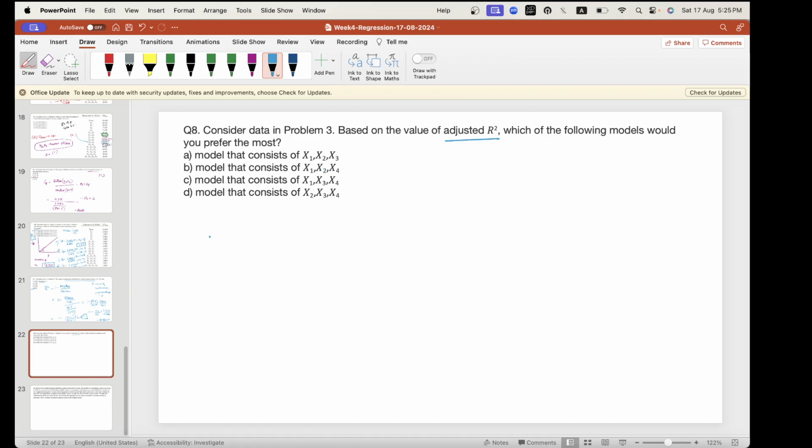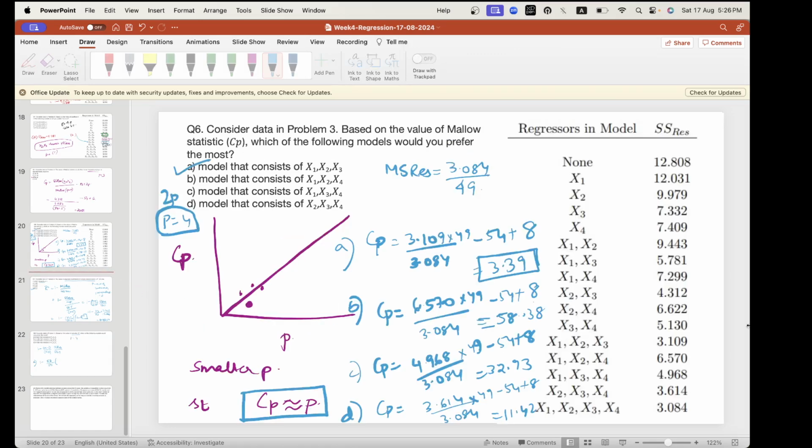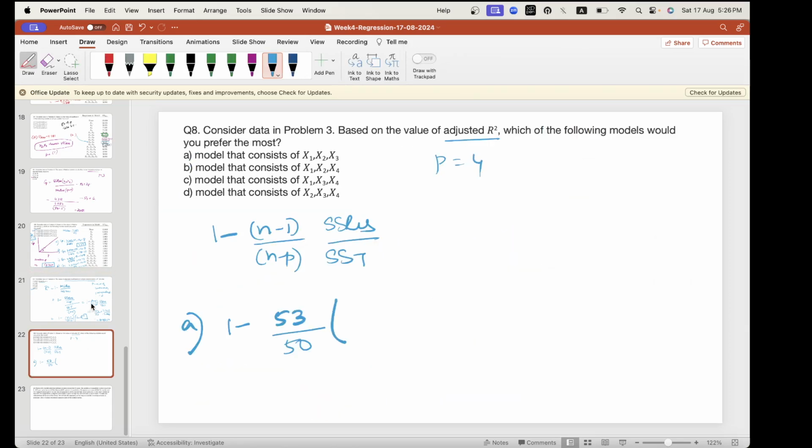The same thing. So we have to just find out 1 minus n minus 1 by n minus p, SS residual by SS total. So for A it would be 1 minus 53 by 50, since here p would be 4, times SS residual. Let's find out. So here this is x1, x2, x3.